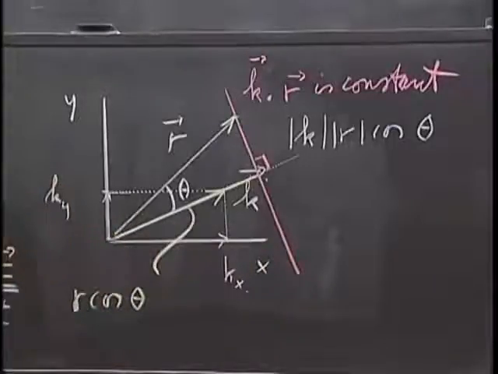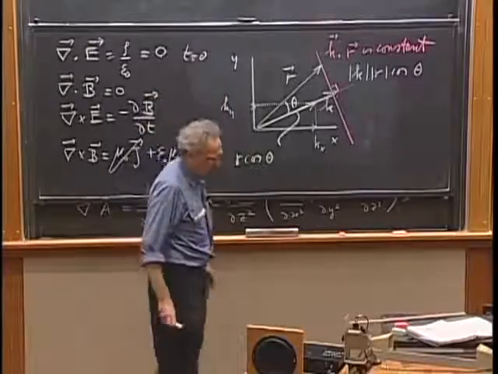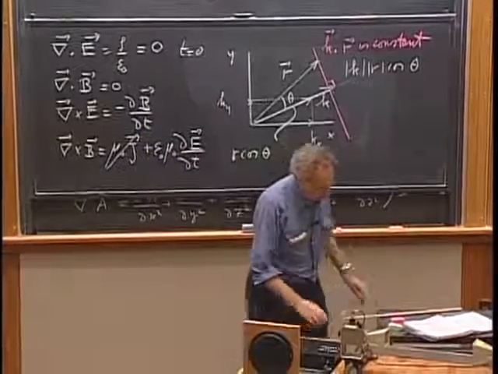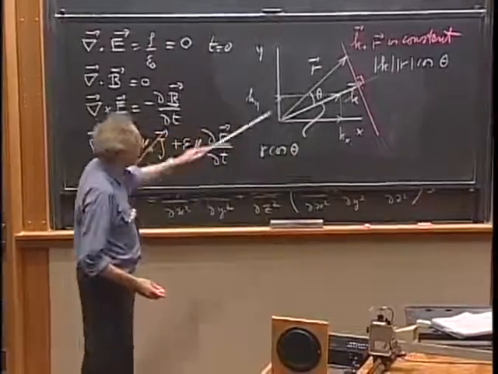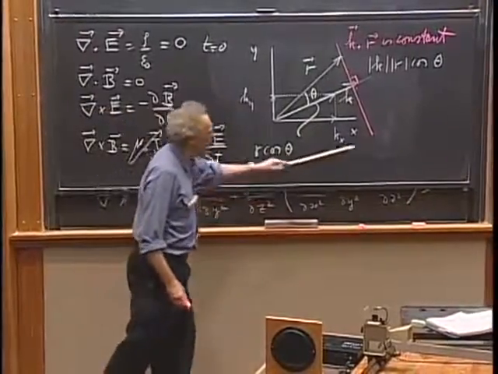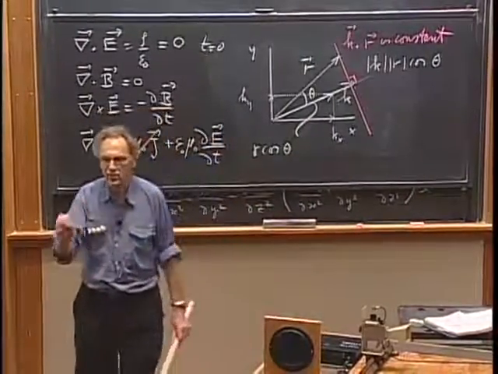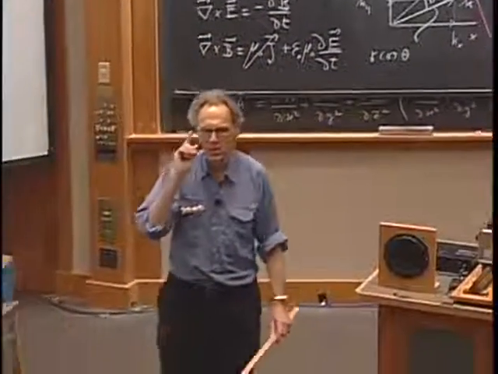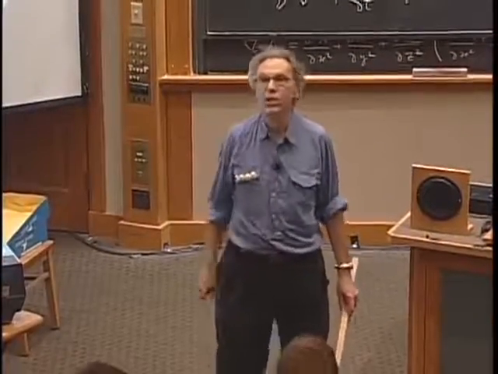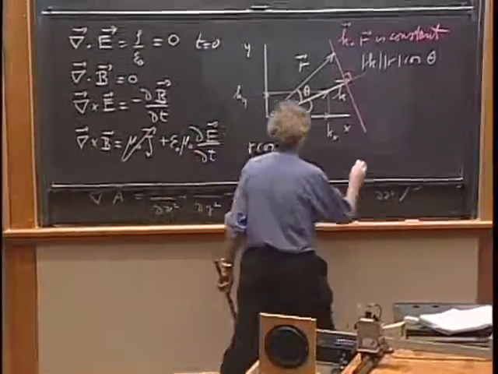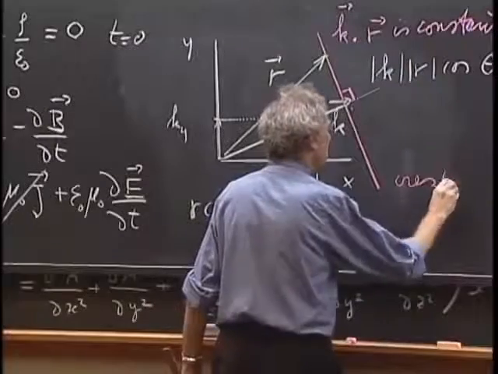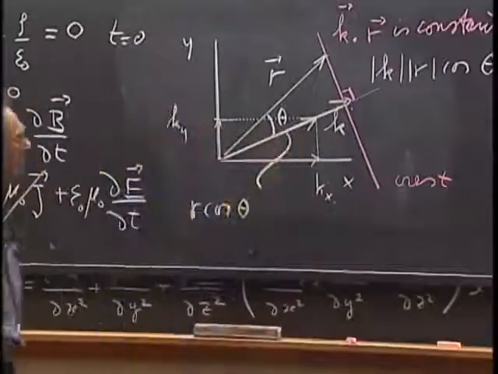Now, at a given moment in time, at t equals 0, we have an electromagnetic wave traveling in the direction of k, and this line happens to be the line where the E field at this moment in time is a maximum and pointing in your direction, say. So it is a crest in E. It's a mountain coming out of the board, a maximum value.